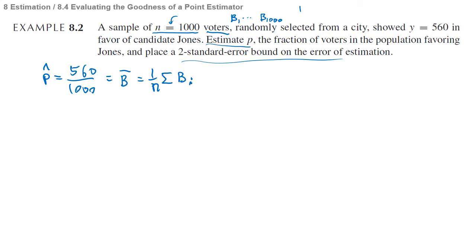By using the central limit theorem, we can derive that p hat follows a normal distribution with mean p and variance p times 1 minus p divided by n.